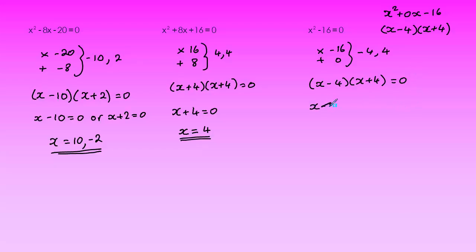Using the null factor law, x minus 4 equals 0, or x plus 4 equals 0. So this one gives me that x is 4, and this one gives me that x is negative 4.